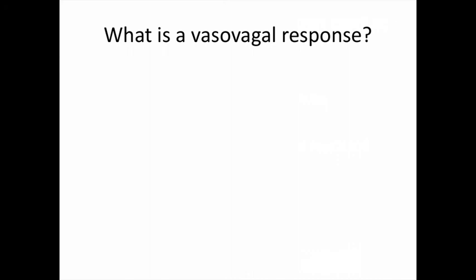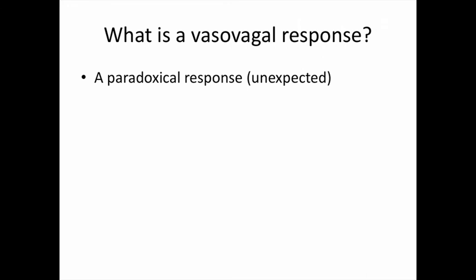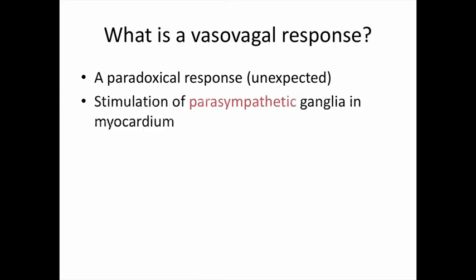Now, sometimes when somebody has a major cardiac event, like a myocardial infarction, and sometimes it can be elicited by some other events as well, but let's just go with a myocardial infarction right now, because that's what we're talking about. Some people have what we would consider a paradoxical response. So it's an unexpected response. In this case, what will happen is the vagus nerve will get stimulated.